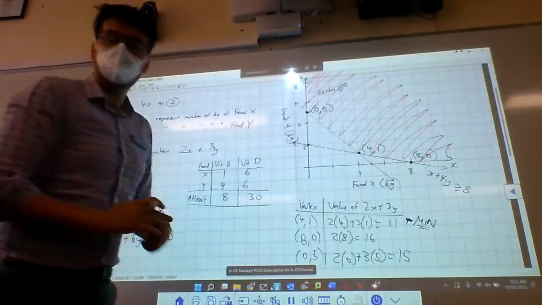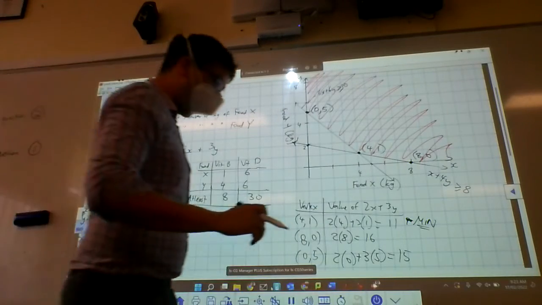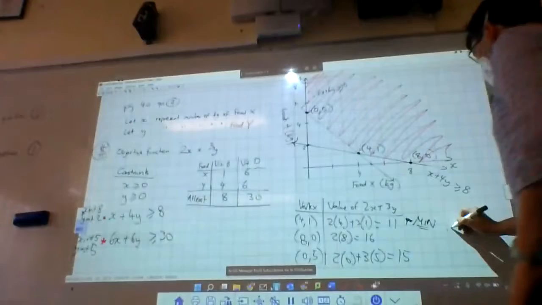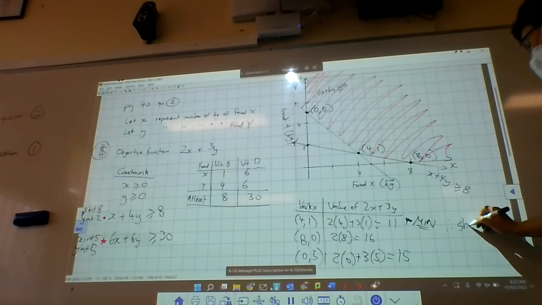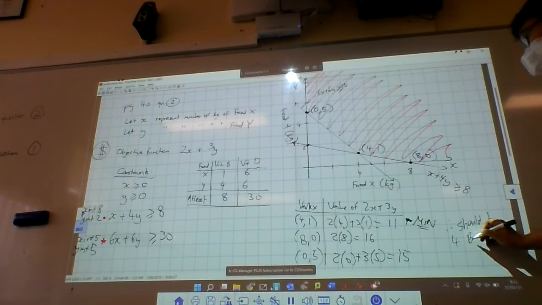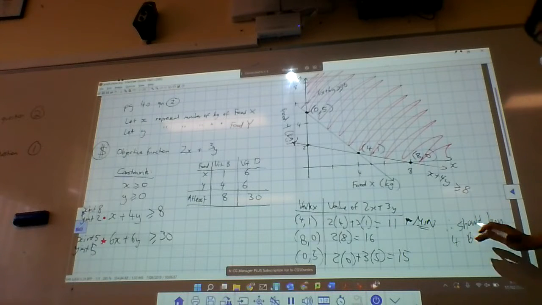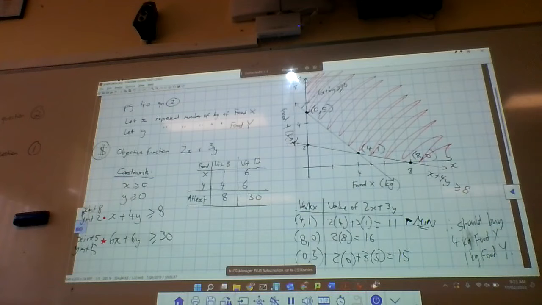So that's the optimal solution. So therefore, we're still on A. Should buy 4 kilograms of food X and 1 kilogram of food Y.